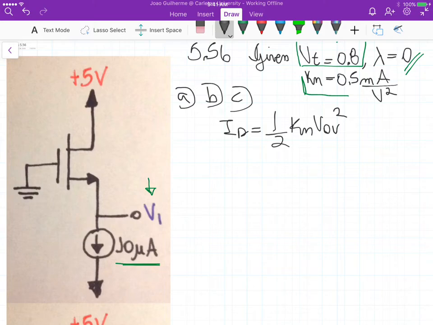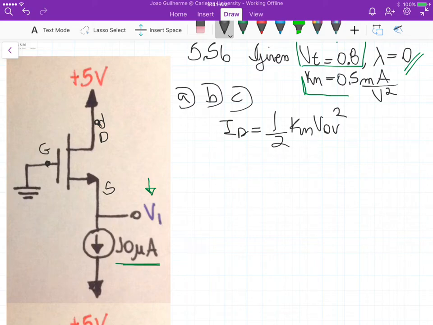So if we look at this circuit here first, here is the drain, here is the source, here is the gate. So we know that the gate's voltage is 0. We know that the drain voltage is 5 volts, right? Because it's shorted here, connected to the 5 volts, and it's grounded here.